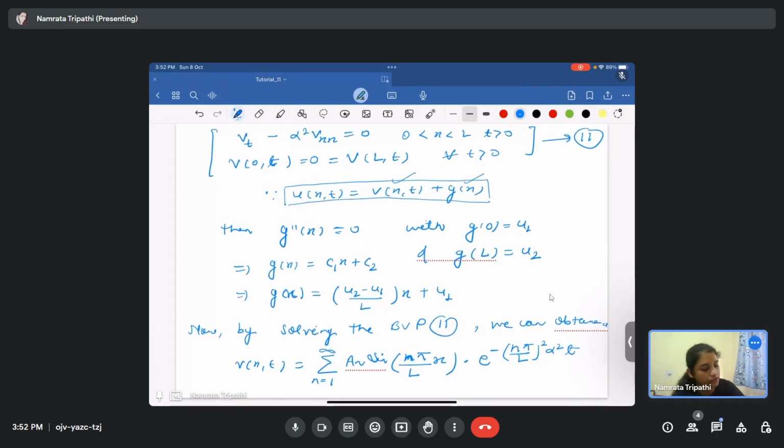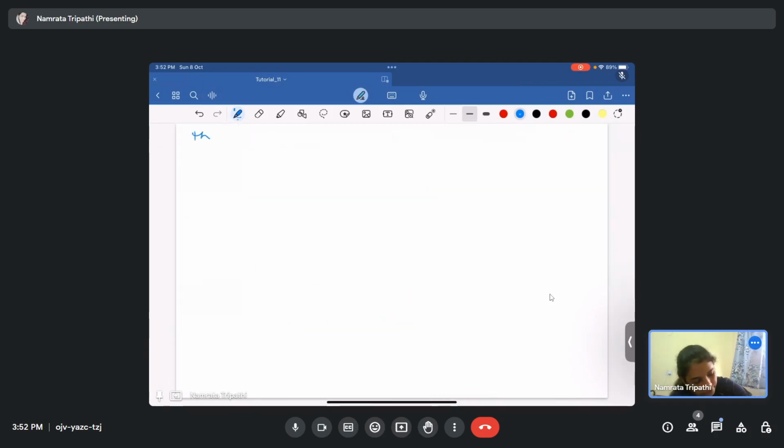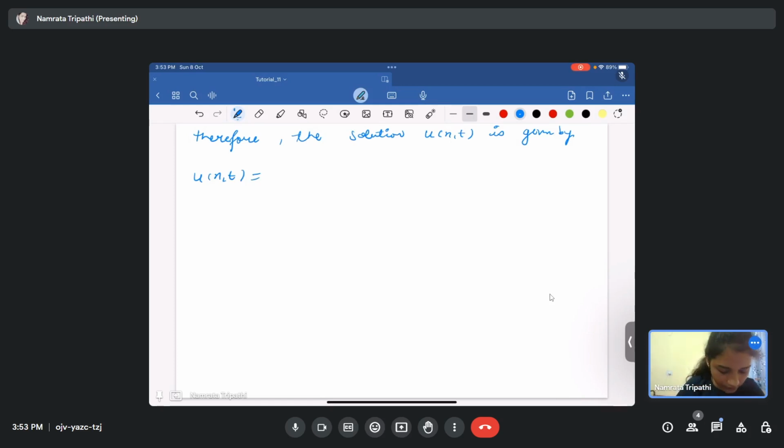Now we can write the solution for u(x,t) by putting the values of v(x,t) and g(x).